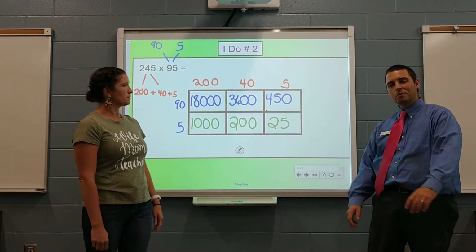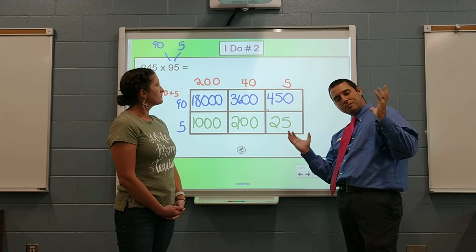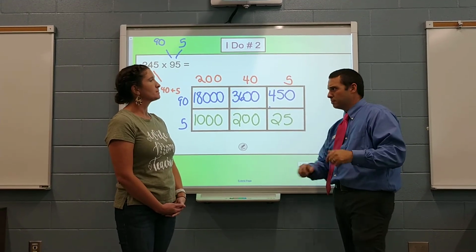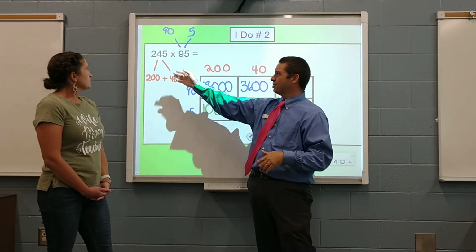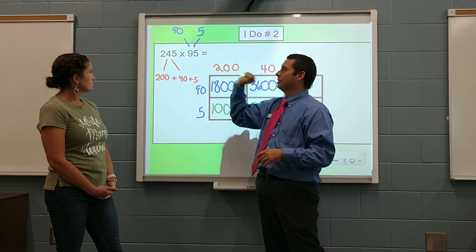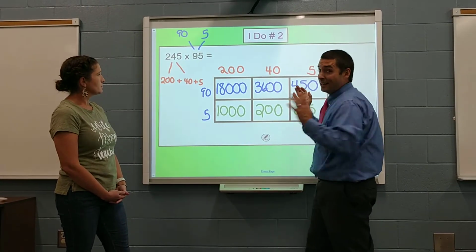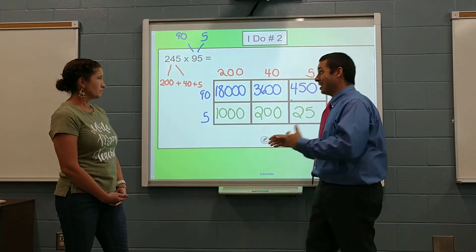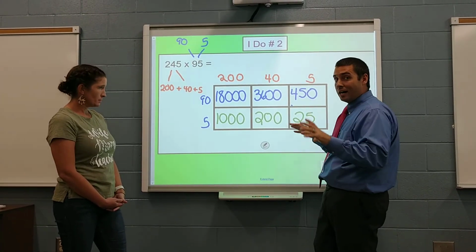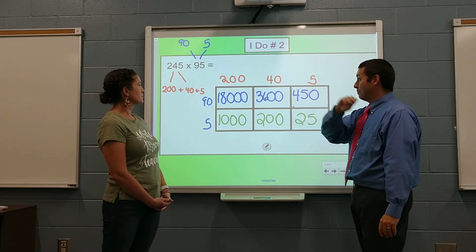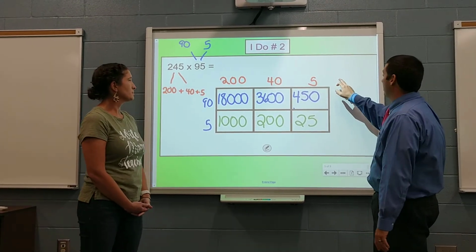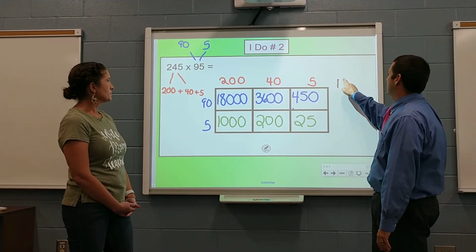What do we need to do next? We need to combine those partial products, because over here, our question is, what is the product of 245 and 95? It's not asking what are the partial products, it's asking what is the final product. So we need to combine those. And so I'm gonna go ahead and write those out real quick.